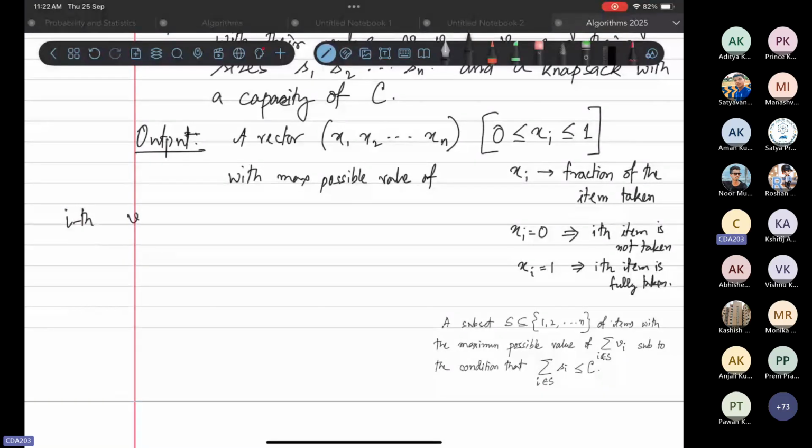Its value is vi, but I'm not taking the whole vi, I am taking some xi fraction of it. Let's say xi is 0.2. Some fraction of it I'm choosing. Then what is the contribution of this xi portion of the ith item to the value of the knapsack?